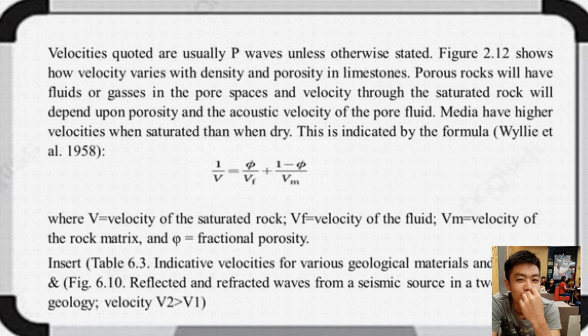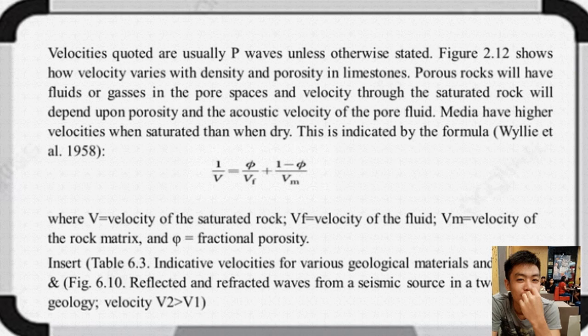Porous rocks will have fluids or gases in the pore spaces, and velocity through the saturated rock will depend upon porosity and the acoustic velocity of the pore fluid. Media have higher velocities when saturated than when dry. This is indicated by the formula of Wyllie, 1958.